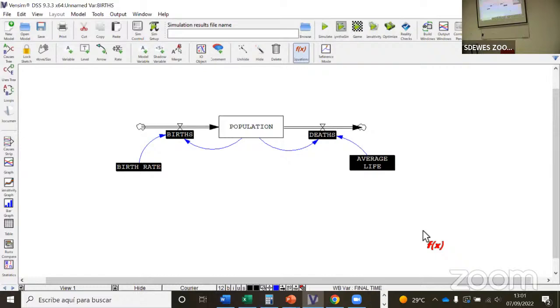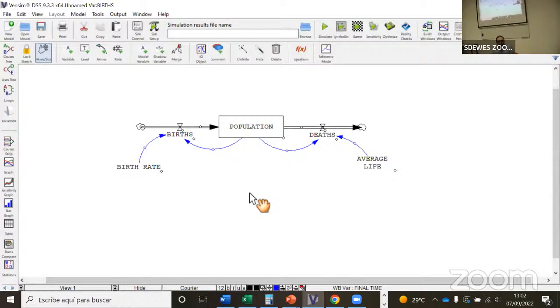No. The lines are... What did you write in?